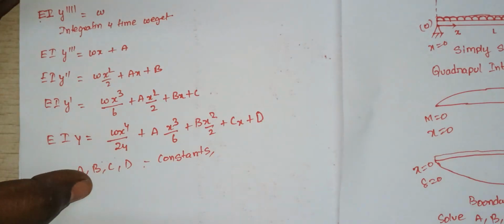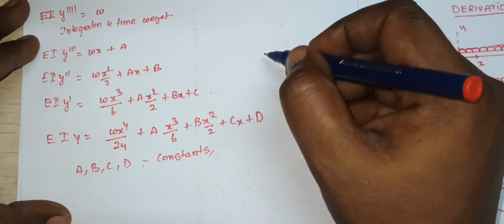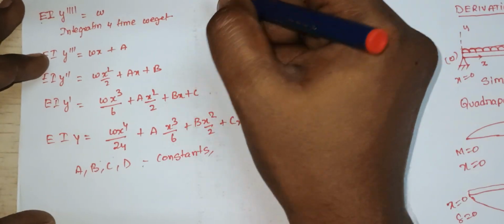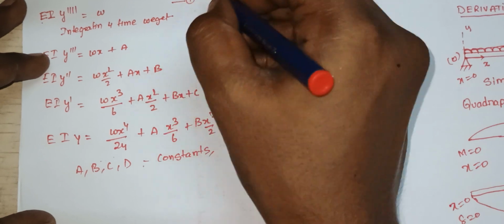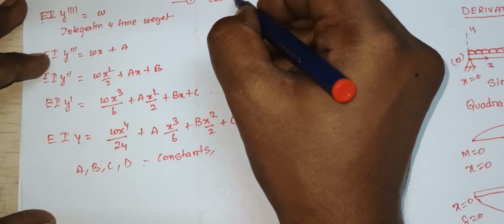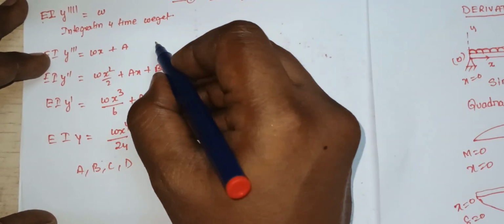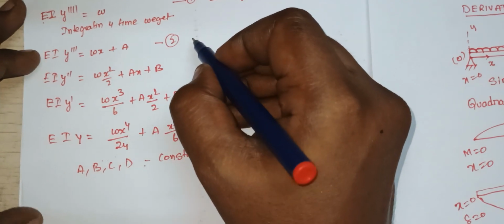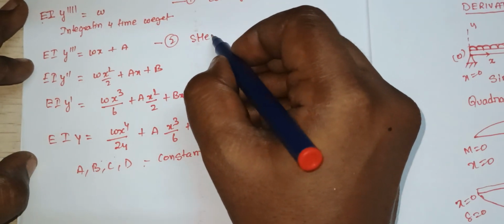As you can see, this is a quadruple integration method. The first equation is the loading. The second equation gives you the shear force.